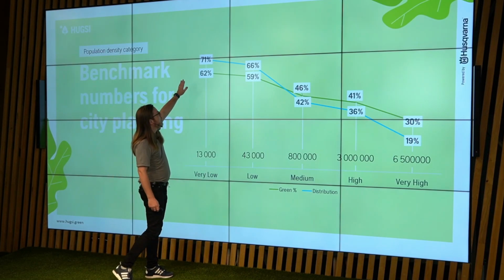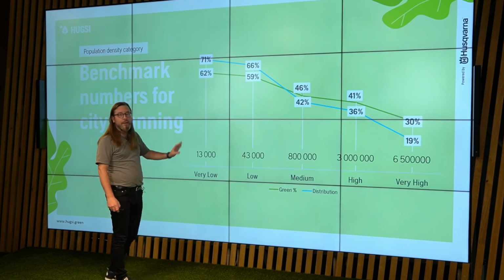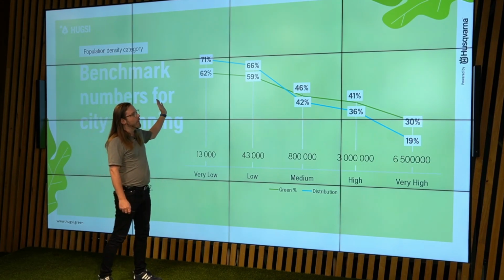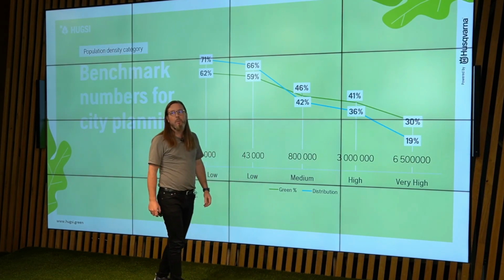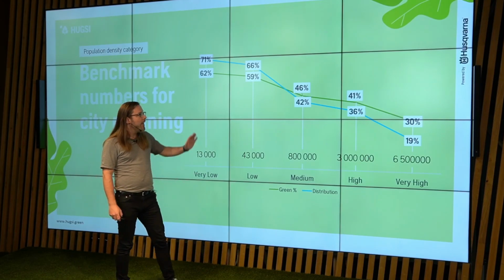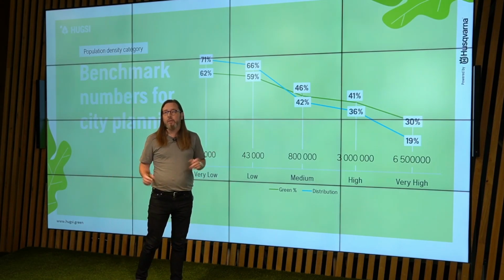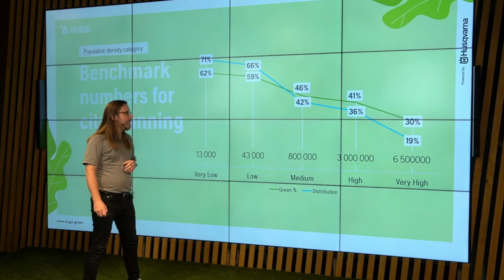And then we have the blue line, which is the distribution, and the green line, which is the green percentage. So I think we all agree, and that was very expected, that the higher the population density, the lower the green percentage, and also the distribution, based on what I already talked about with the competition of land use.